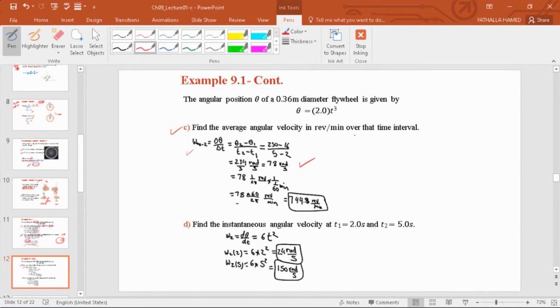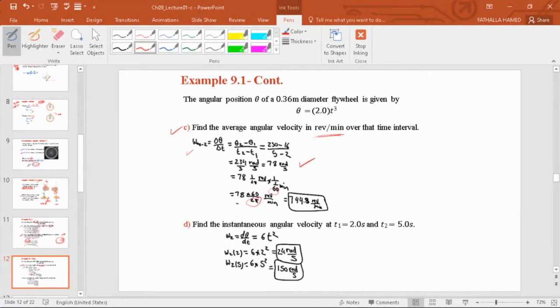Now they want it to be in revolutions per minute. So you know that each revolution contains 2 pi. So if you divide 78 by 2 pi, it will give you the number of revolutions. And you know that a second is 1 over 60th of a minute. So it is divided by 2 pi, multiplied by 60 to make it in minutes.